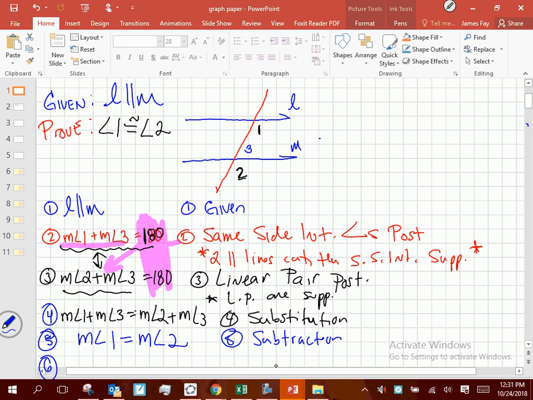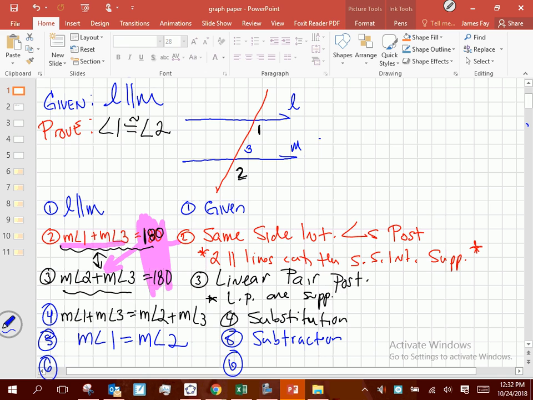And now the last step here is kind of a procedural thing. I think it's important now. If I've got measure of angle 1 equals measure of angle 2, that's saying two numbers are equal. It doesn't say anything about congruency yet, but those two numbers represent angles. So we know that the objects those values come from are the same shape. And if they're the same value, that means they're the same size.